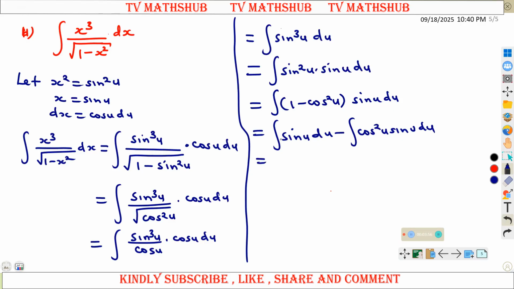From here, when you integrate sine of u with respect to u, you get negative cos of u. So I want to write this as plus the integral of negative sine u times cos squared of u du. So this will give us negative cos u plus, now what you have here is purely the derivative of cos of u.